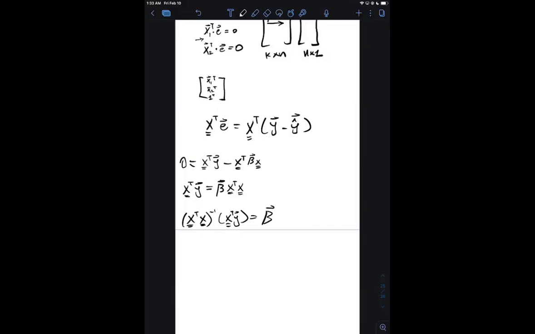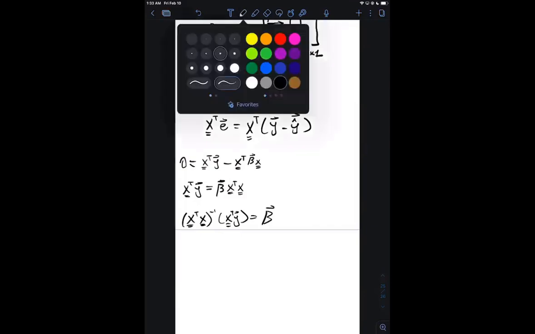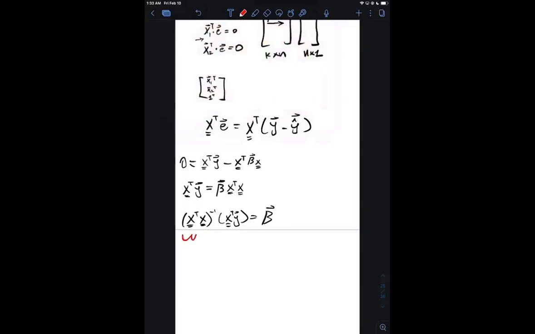We can do a quick spot check here. The dimensions are a nice way to check. Here, this is a k by n matrix multiplied by an n by k matrix, which is a k by k matrix. Then here is a k by n matrix multiplied by an n by 1 matrix, or a vector.